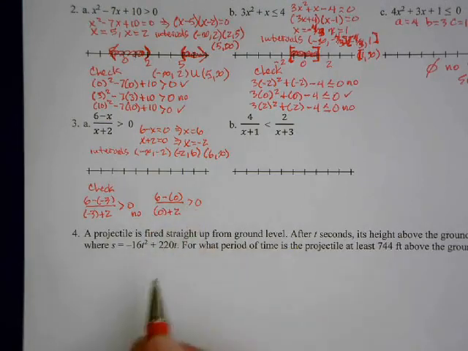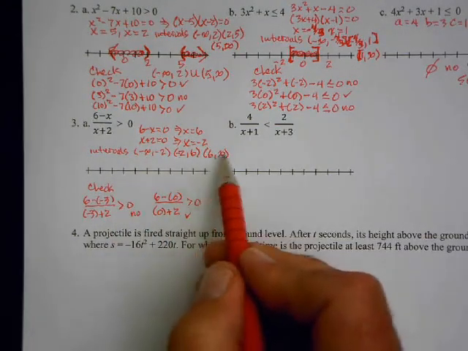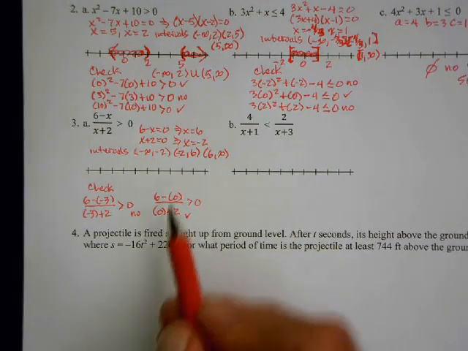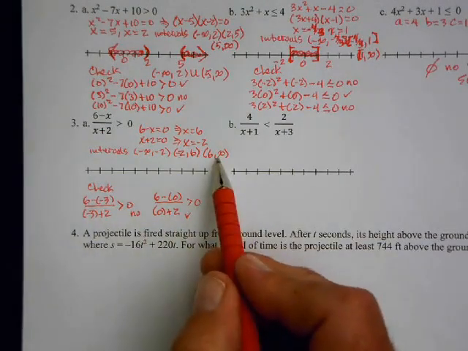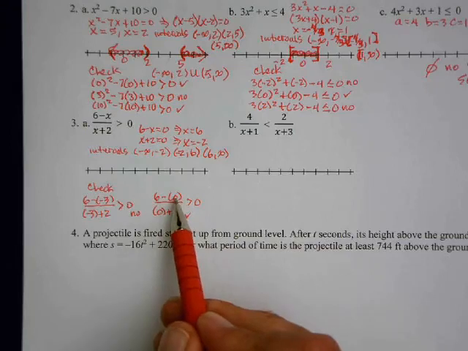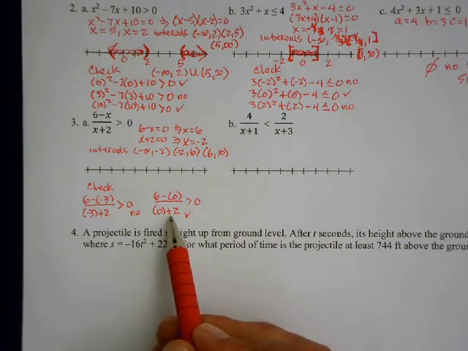And it turns out if we went ahead and did it, the last interval would not work either, because the top part is going to give me 6, if we pick like 8, for instance, it'll give me 6 subtract 8, which would be negative, but the bottom would be 8 plus 2, which would be positive, which means the whole thing would be negative, which is not greater than 0.